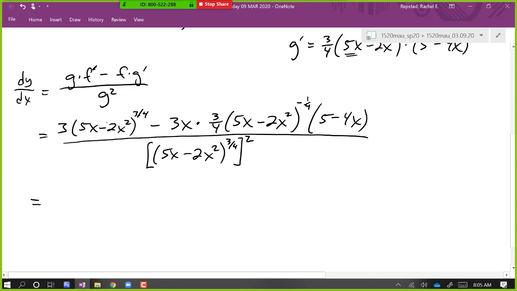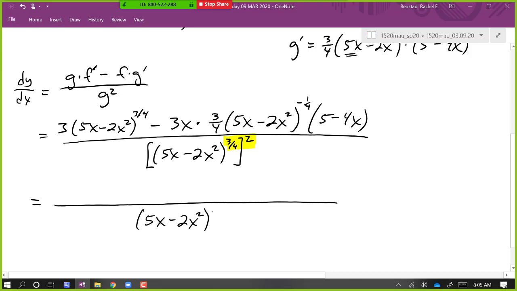To start off, I'll do the easy one first. When I square the 3/4 power in the bottom down here, we raise a power to a power, so I'll just multiply the exponents. That will be (5x minus 2x squared) to the 3/2 power.